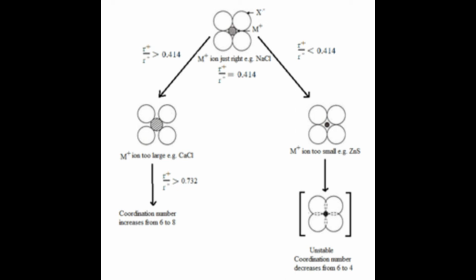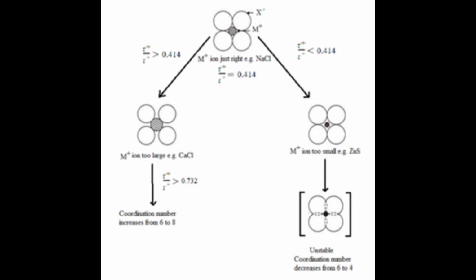I repeat, to the left side, if the size of the cation increases, the coordination number increases. What is coordination number? The number of other kinds of ions surrounding a particular ion. And if you see the right side portion, if the size of the cation decreases, the coordination number will decrease.